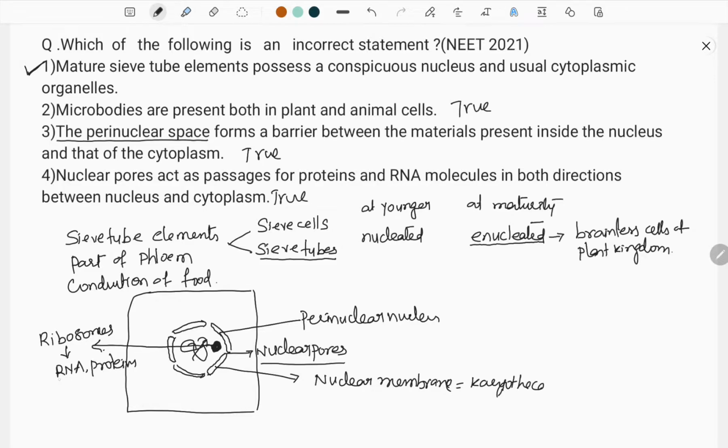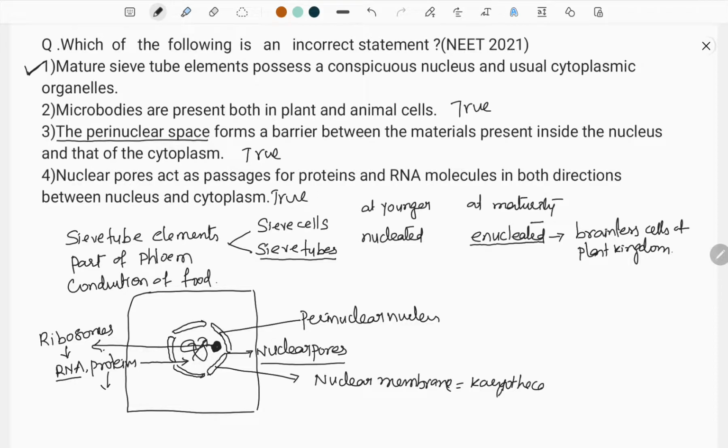RNA is synthesized by the nucleolus and proteins are synthesized in the cytoplasm. So proteins are imported inside the nucleus where proteins combine with RNA to form the ribosome within the nucleolus. So this is how there is communication between the nucleoplasm and cytoplasm with the help of nuclear pores.